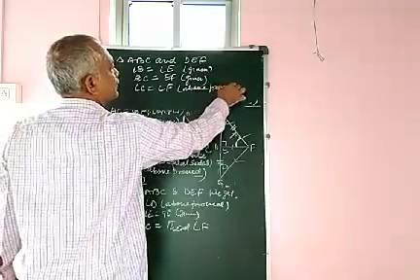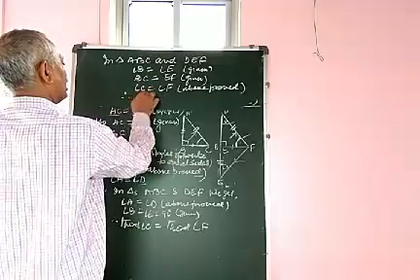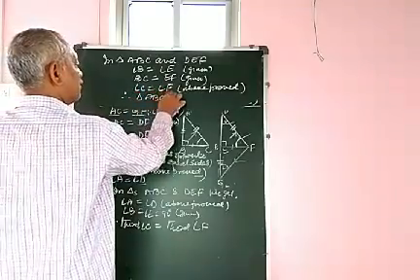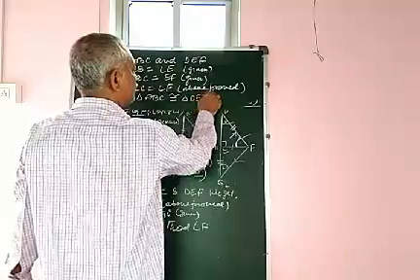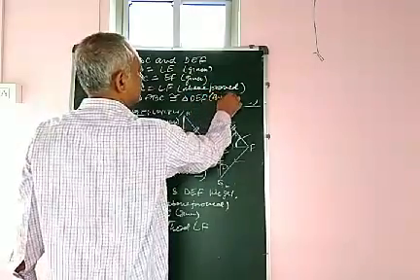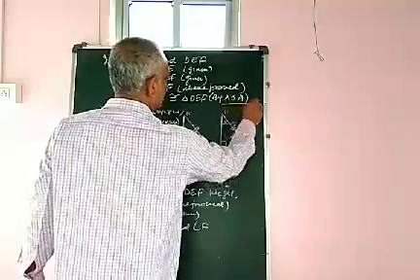Therefore, triangle ABC is congruent to triangle DEF by the ASA congruency condition. Proved.